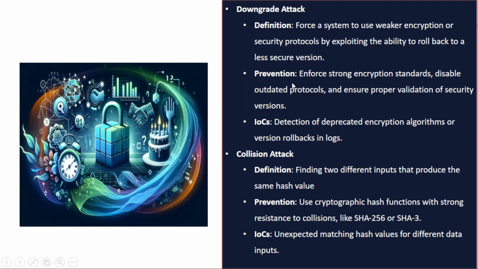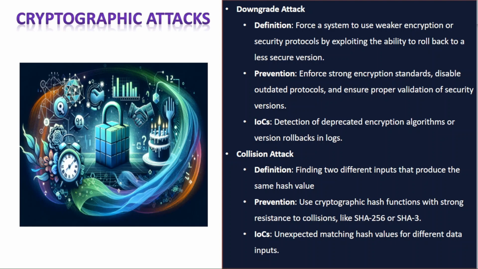And another attack type is cryptographic attacks, and the first one is the downgrade attack. The definition is to force a system to use weaker encryption or security protocols by exploiting the ability to roll back to a less secure version.